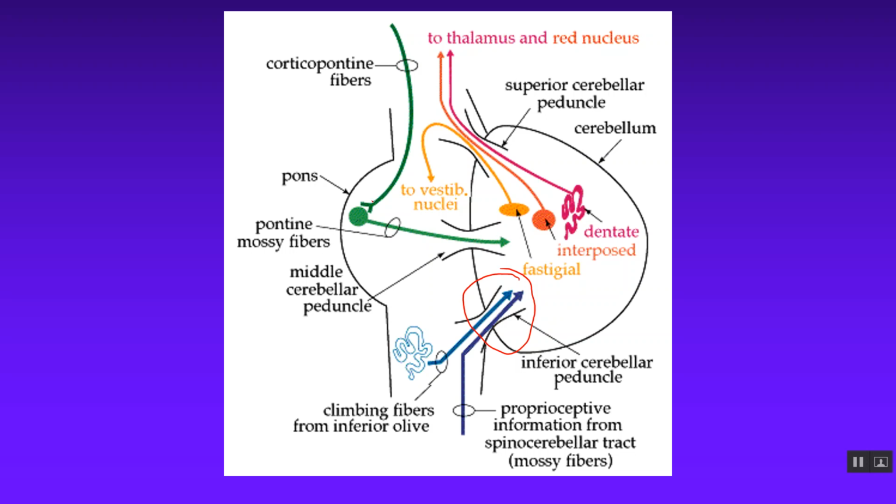You also have some information that comes in through the middle cerebellar peduncle. This is the copy of some of the motor messages, the voluntary motor messages coming from the cerebral cortex. Those are called the corticopontine fibers, which are running right along with your corticospinal tract fibers.